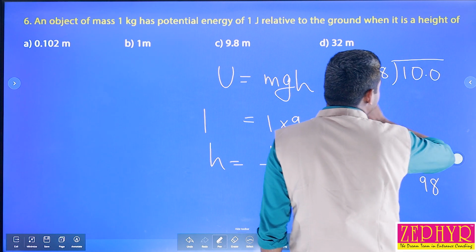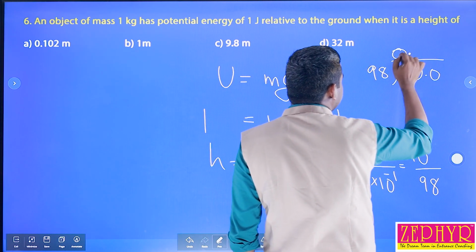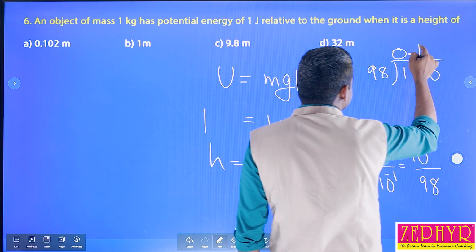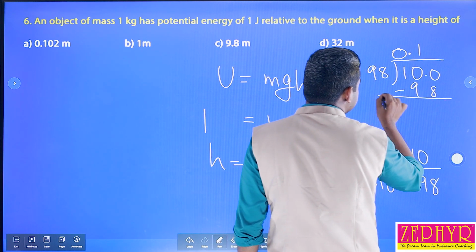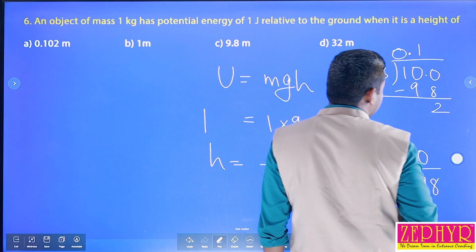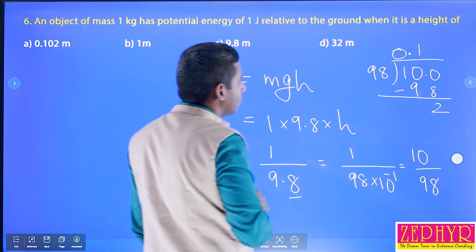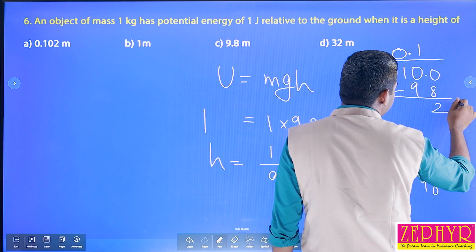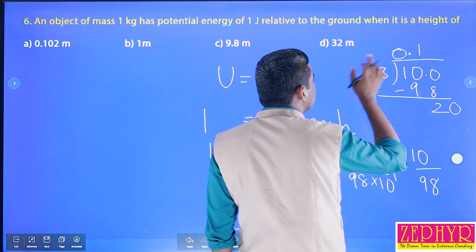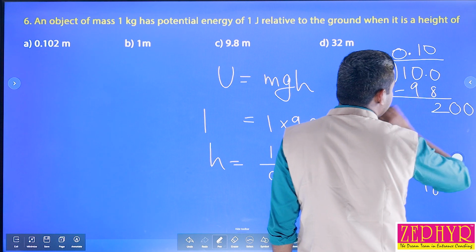In 10 there is no 98, so put 0 and a decimal point, making it 100. In 100, how many 98 do we have? 1 time, 1 × 98 is 98. When you subtract, it becomes 2, correct? Then there is no 98 in 2, put 1 more 0. In 20 also we don't have, so put another 0 to get 200.